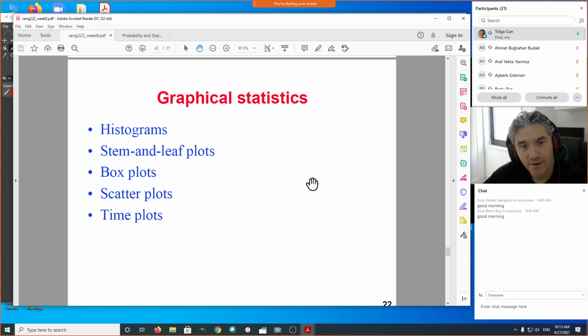So the final thing in this chapter is graphical statistics. These are basically visual aids, visualizations of our data to help us understand how the data is distributed, whether the distribution is skewed or not, whether it's normal, whether it looks like exponential. The most widely used ones are histograms, and box plots are used a lot.